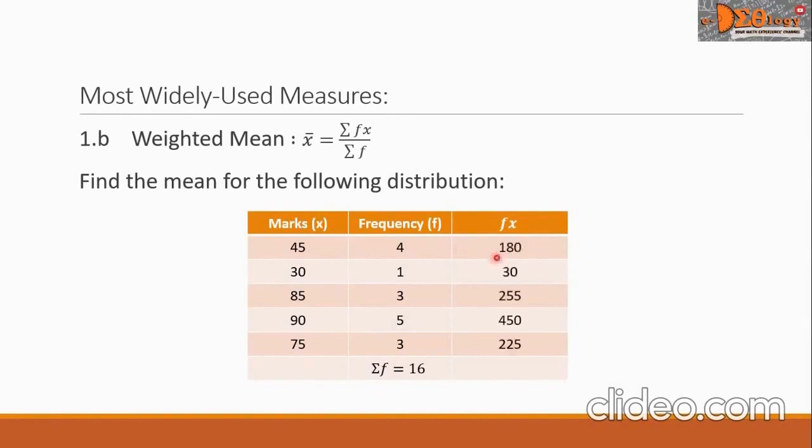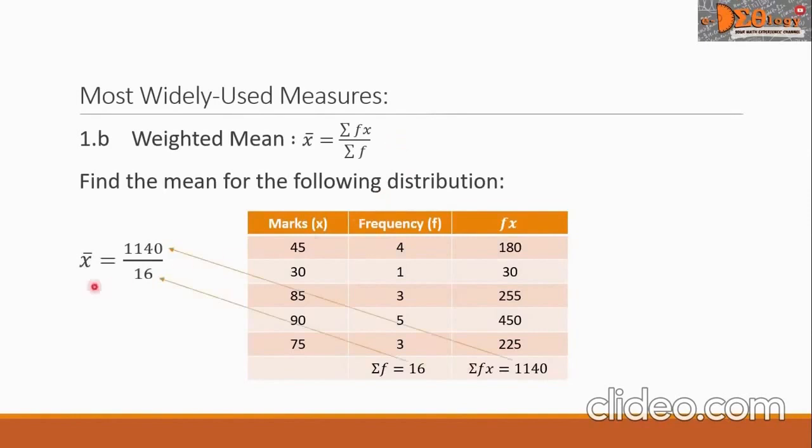So the first blank will be 180. 30 times 1 is 30. 85 times 3 is 255. 90 times 5 is 450. 75 times 3 is 225. And then at the bottom, let us take the summation, and that is equal to 1140. So the summation of this column, also of this column, are the ones needed for our formula.